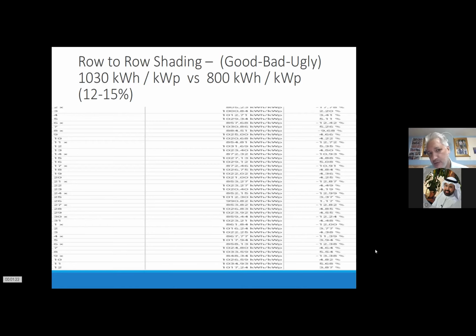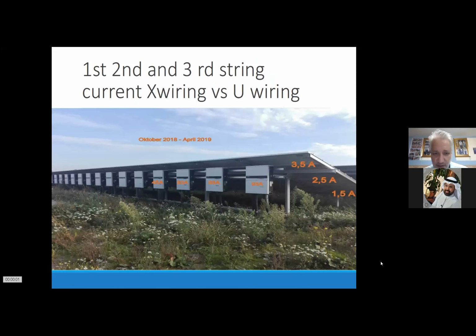And when you control the mismatch, typically the good versus the bad performing strings are eliminating each other. So the good performing strings go better, and the mismatched strings, which are less per combiner box, will also keep that up.